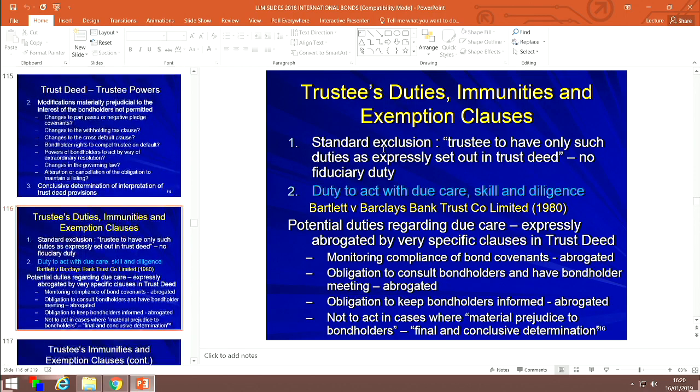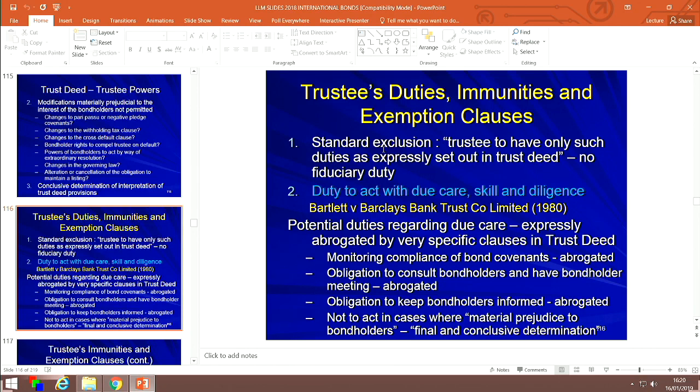Okay, next we go on to what somebody raised earlier, the applicability of the fiduciary duties applicable to any trustee under common law, or as we say, common law or equity.